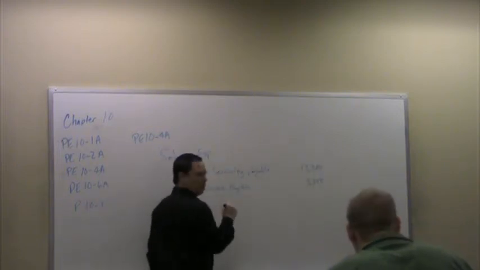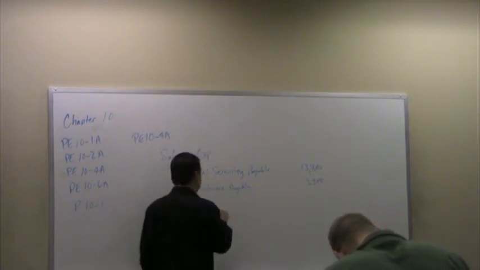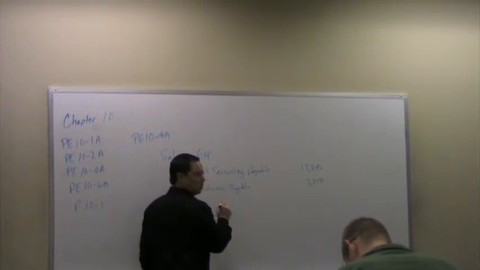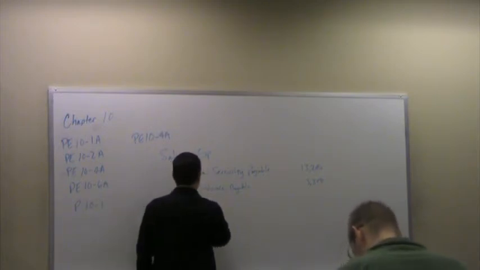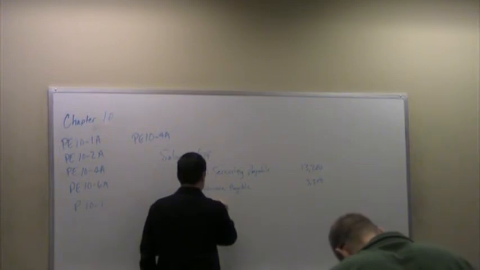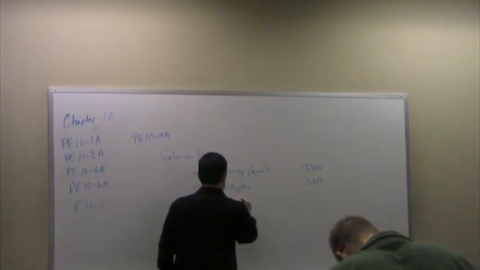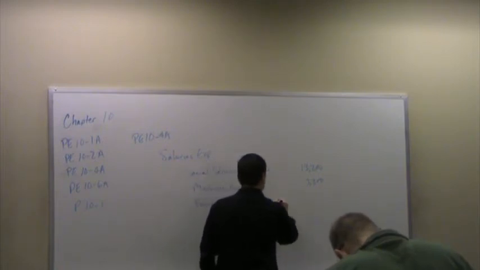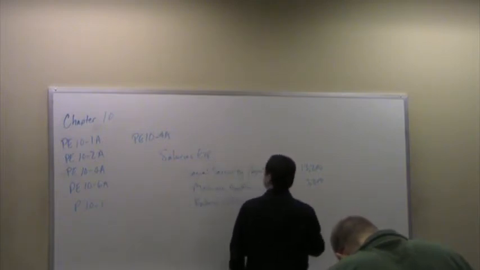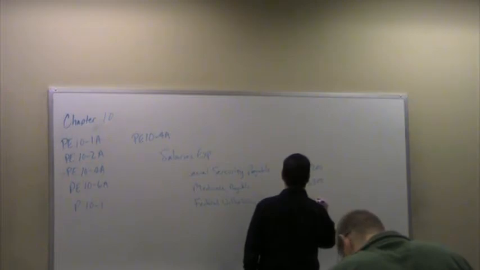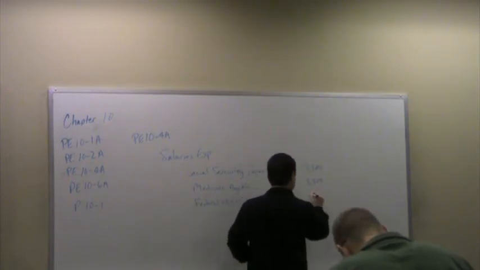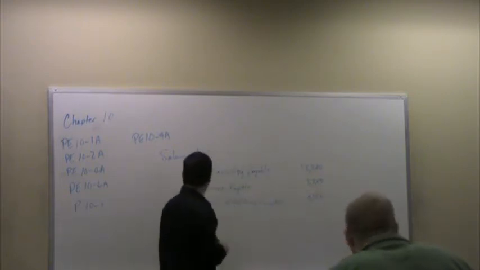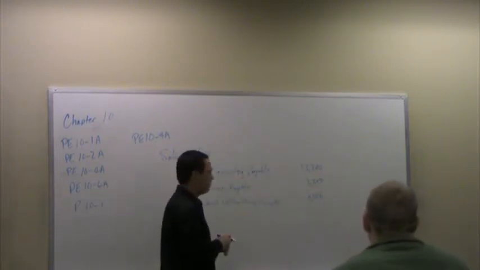We have federal withholding. Which was that? 43,560. Okay, and then lastly, we have one more, I think. 43,560.